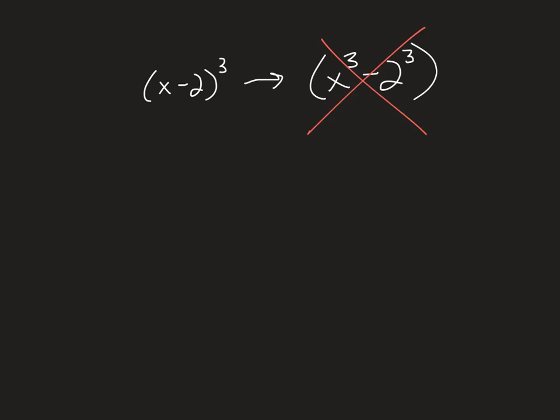Because this is subtraction. We can only basically distribute this 3 in here when we have multiplication in the middle. We have subtraction and addition, that kind of messes things up for us. So again, we're not distributing that 3 in unless we see a multiplication symbol in the middle.